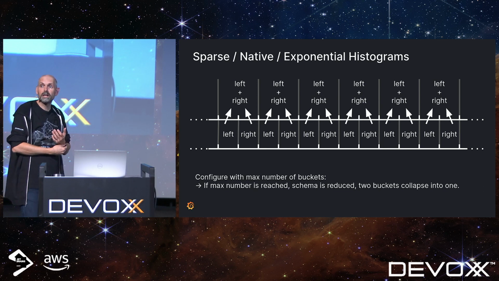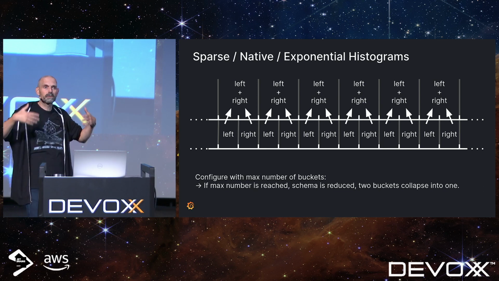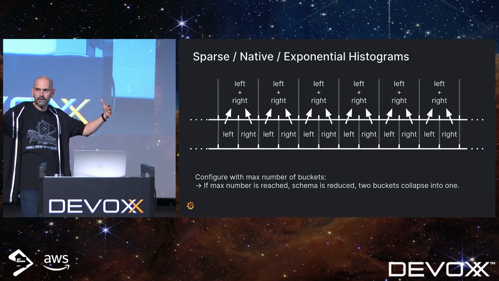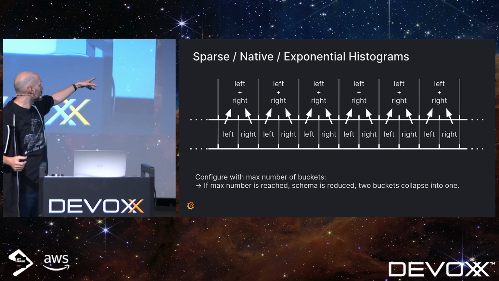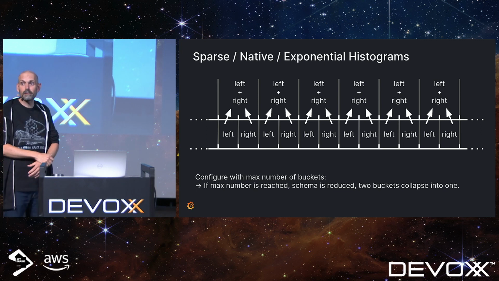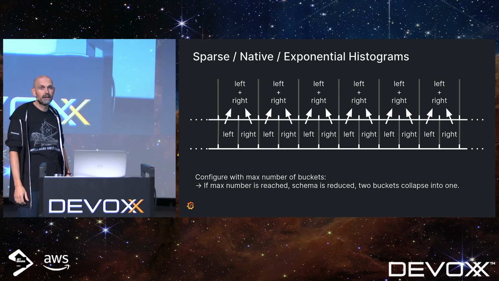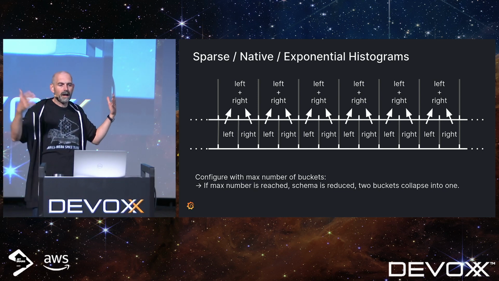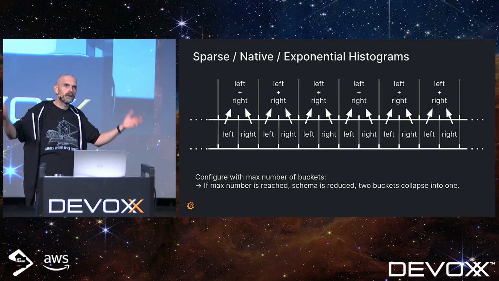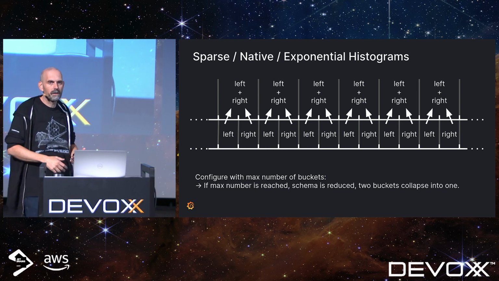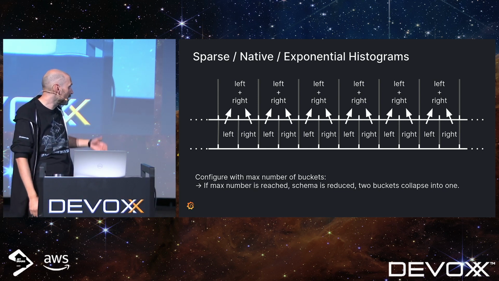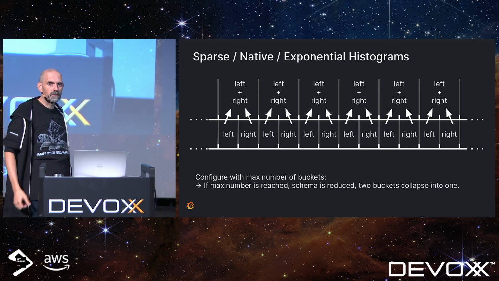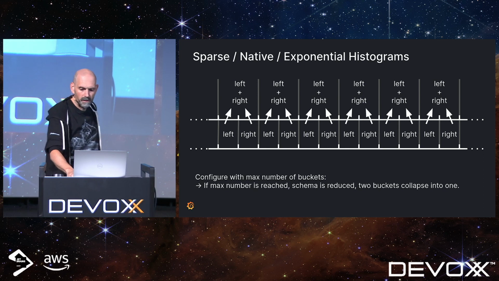Then you have a little bit less resolution, because your histogram after scaling down has one level less resolution, but you will not exceed the maximum number of buckets that you have specified. And that's actually nice. You can decide how much memory you want to spend, how much you want to make available for that histogram, and then it automatically adapts and scales down if that maximum number of buckets is reached.